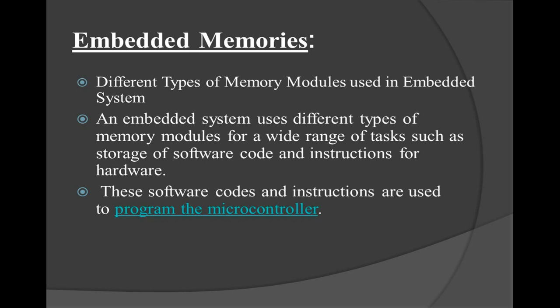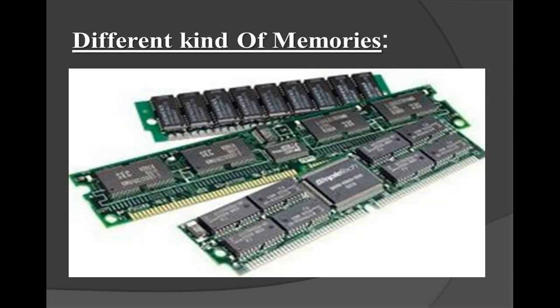So for such kind of code to be stored in some kind of memories, there is a wide range of memories available. These software codes and instructions are used to program the microcontroller.